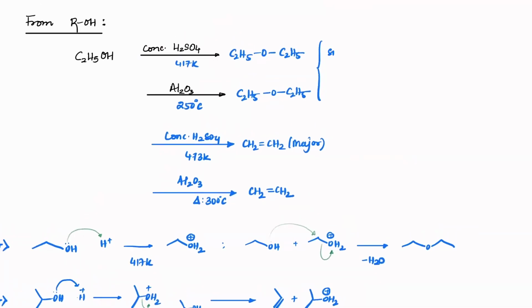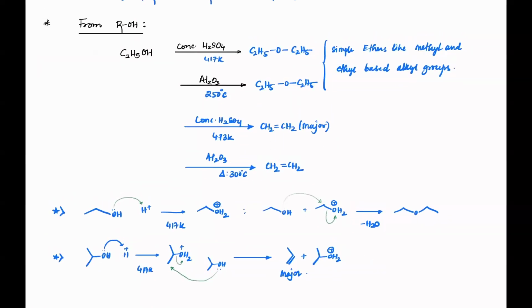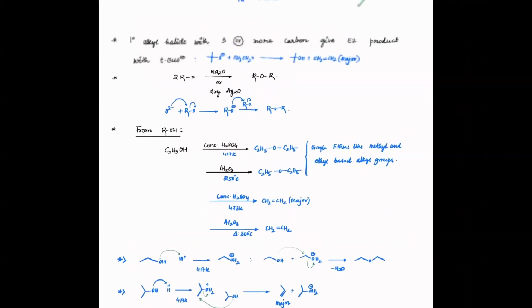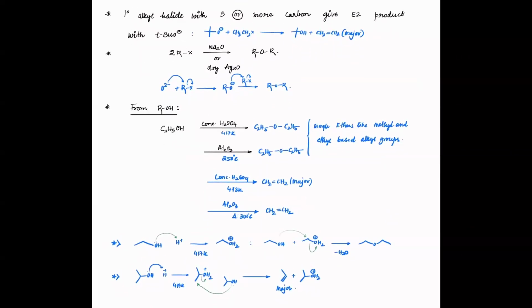This is for simple ethers like methyl and ethyl based alkyl groups. Okay, otherwise they will be expected to go for elimination. Clear? So please look into the preparation once quickly, right? So this is from alcohols, everybody.